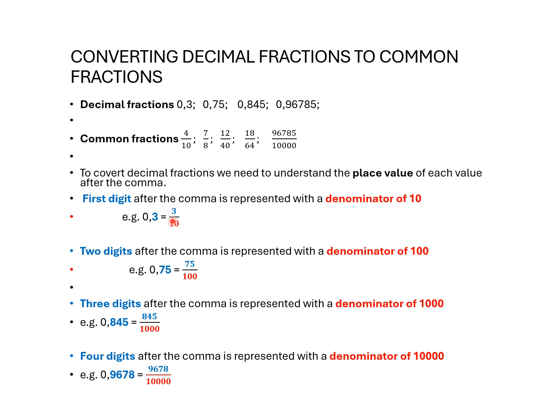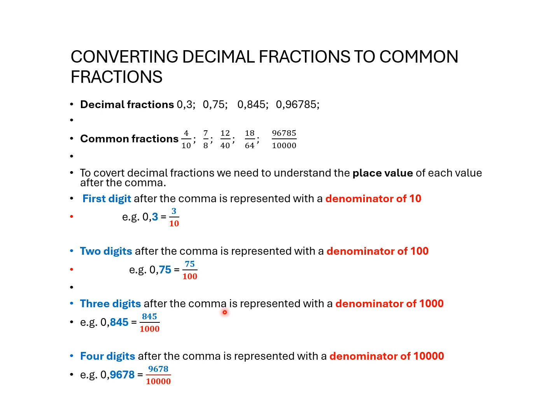So 0,3 is the same as 3 over 10. One decimal after the comma means a 10, a 1 with one zero. So therefore 3 over 10. With two decimal places, or two digits after the comma, my denominator would be 100, meaning two zeros and 1. So therefore 75 over 100.